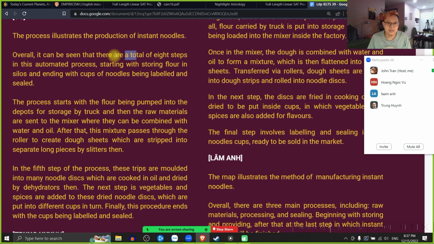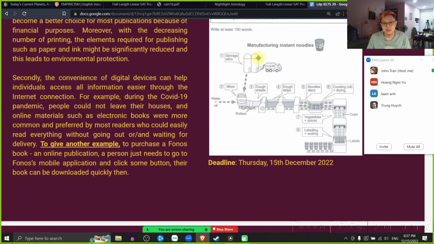I think that a total of 8 steps is the most important thing in this compound. Giống như cái chữ 8 steps nó coi như là cái phần quan trọng nhất trong cái tổng 8 bước. So 8 steps is the most important, so "are", plural. In this automated process. Trong quá trình tự động này, of course this is an automated process.